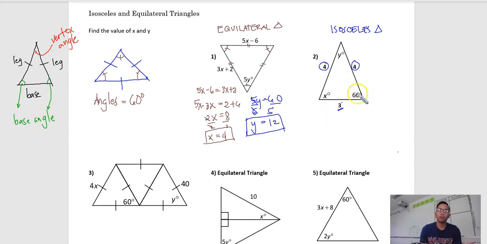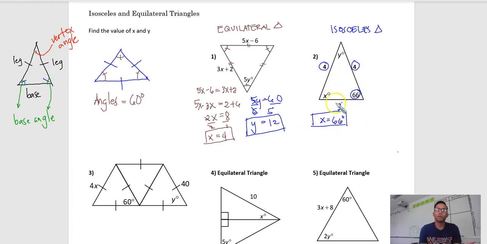Basically, one of the characteristics of an isosceles triangle is that the base angles are congruent. Thus, if this is 66, then x is also equal to 66 degrees, by definition of an isosceles triangle.